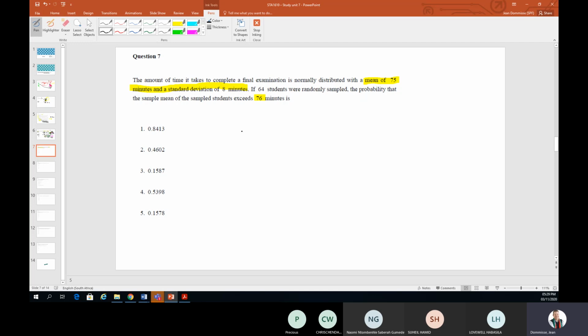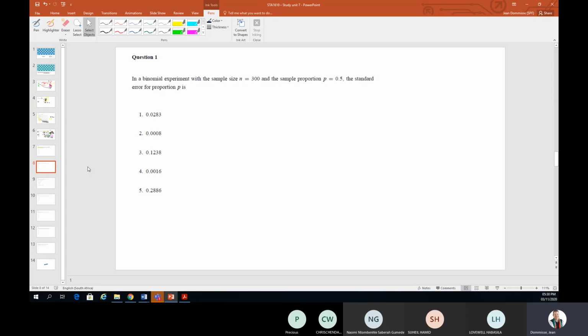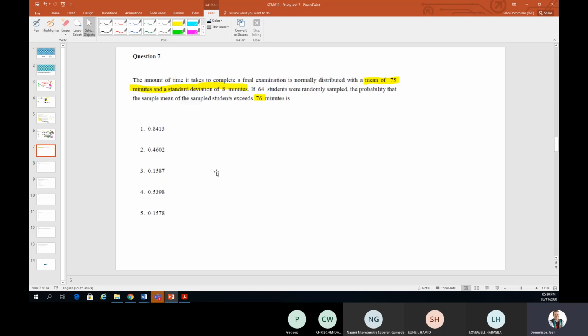And does it matter in this instance if it's known or unknown? They do tell us it is normally distributed, and I think that is also important.